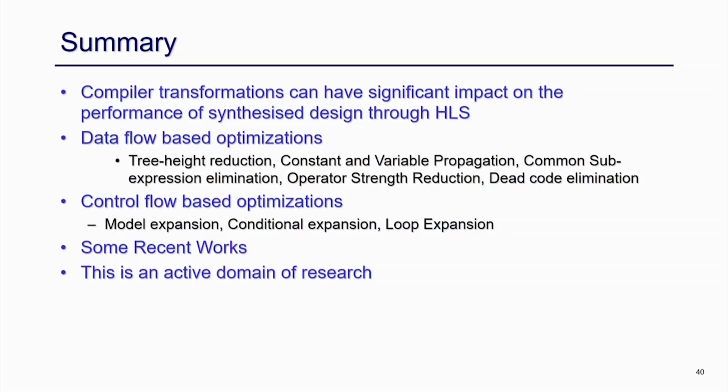So, in summary, we can see that these compiler optimizations have a significant impact on the generated hardware, and we have specifically discussed 3 kinds of work. We discussed the data flow based optimizations, some control flow based optimizations, and also some recent works on loop transformations and their impact on hardware.